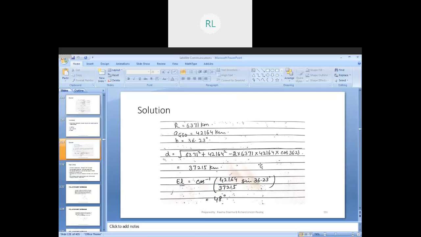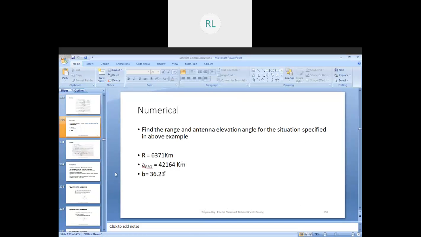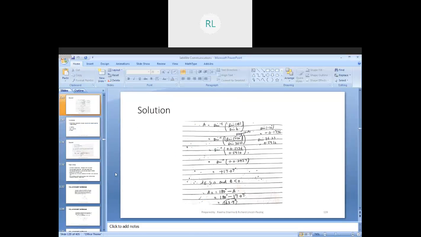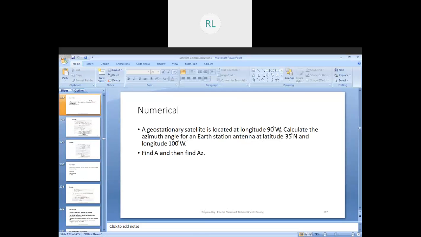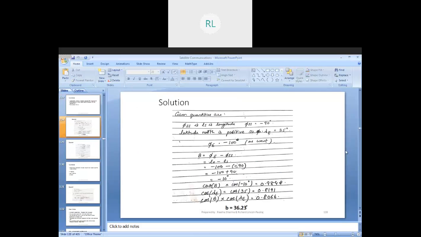Yeah, so I have the radius of the earth. The values are given: 6371. Then the other values are also taken, which is 42164, and then the value of B is also 36.23.